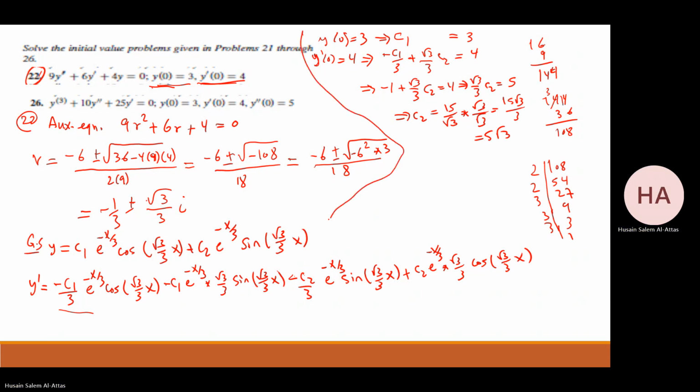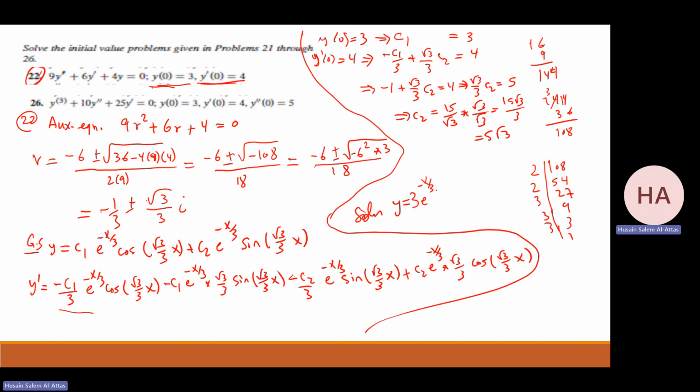So the solution, oops, y equals C1, which is 3, e to the minus x over 3 cosine x plus C2, 5 square root of 3, with the sine. It's not difficult, but it has calculation.